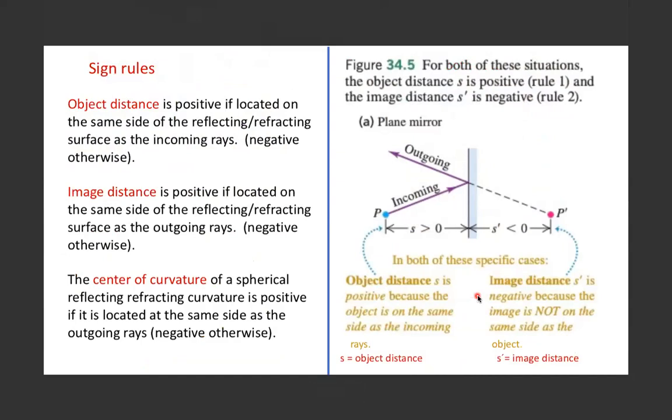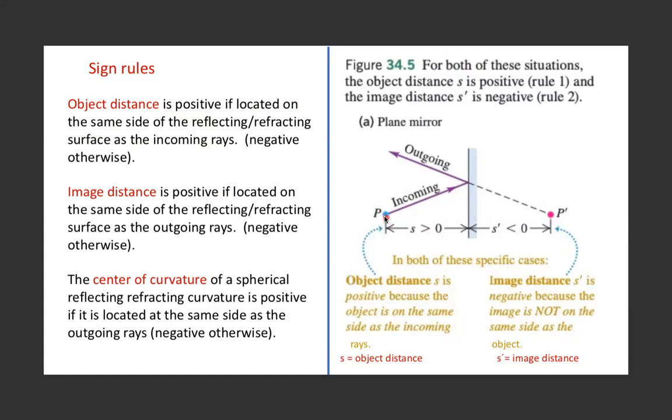We're going to introduce at this point some sign rules that make definitely no sense for flat mirrors, but they do make a lot of sense for concave refracting surfaces. Okay, so the object distance, let's read the definitions, is positive if it is located on the same side of the reflecting surface as the incoming rays.